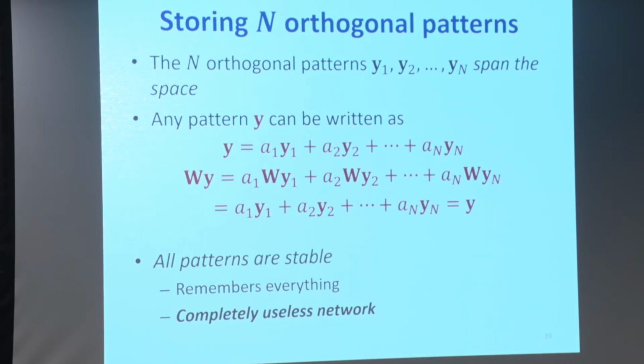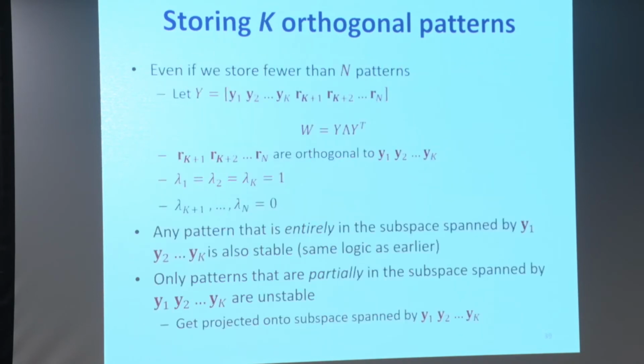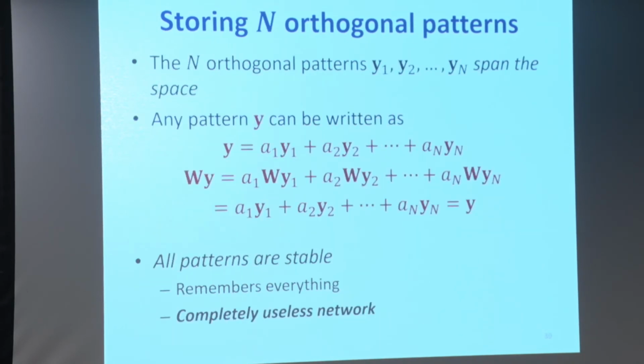Is this memory? This is rubbish, right? So basically, this means that it's a completely useless network, right? Although these patterns are all as far apart as possible from one another, trying to store them all gives you a completely useless network.